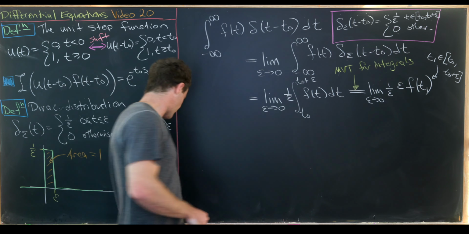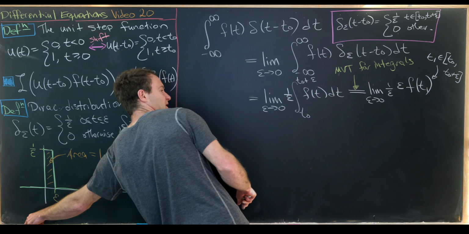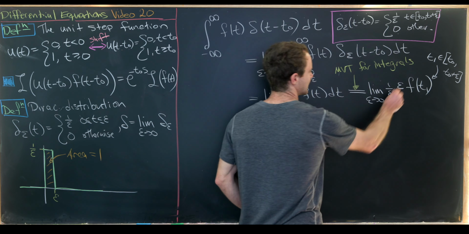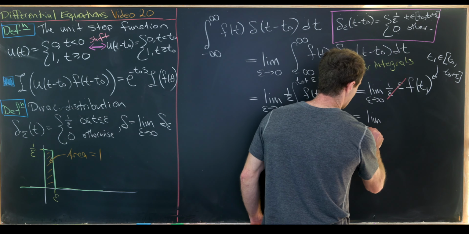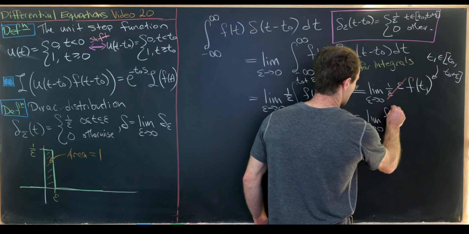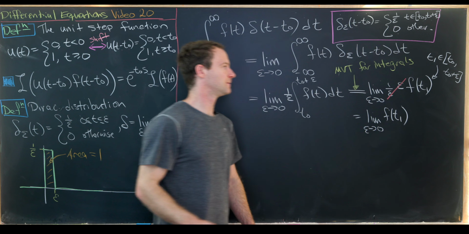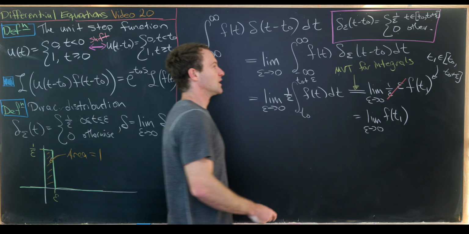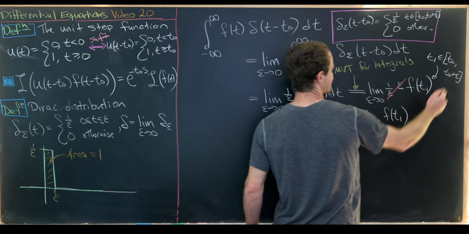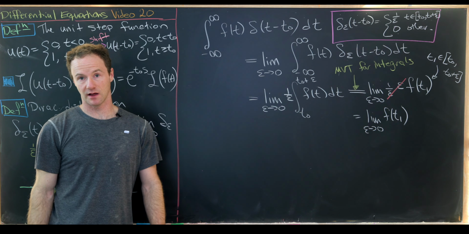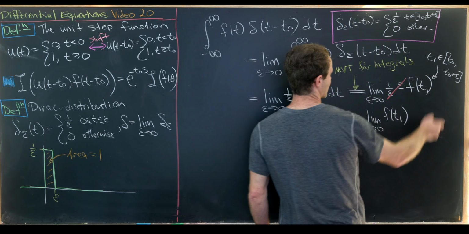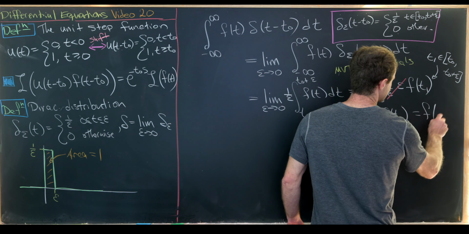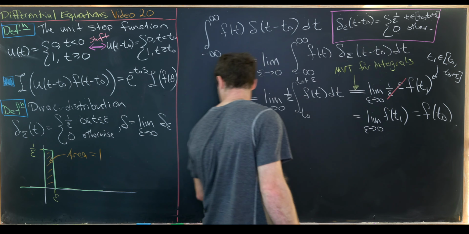But now I think you could probably see where we're going. We can take these two epsilons and cancel them, and we'll be left with the limit as epsilon goes to 0 of f of t1. But where is t1? Well, it's somewhere between t0 and t0 plus epsilon. But if we let epsilon go to 0, it essentially becomes t0. So this gives us f of t0.